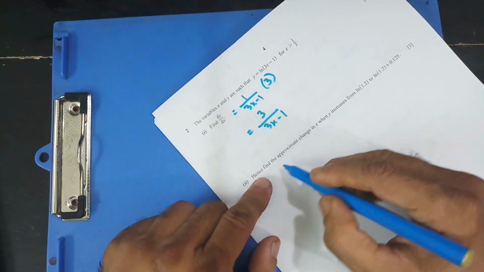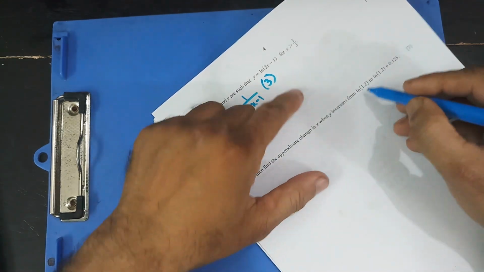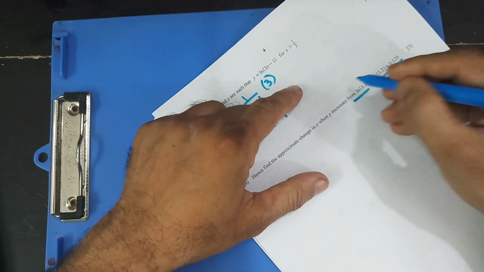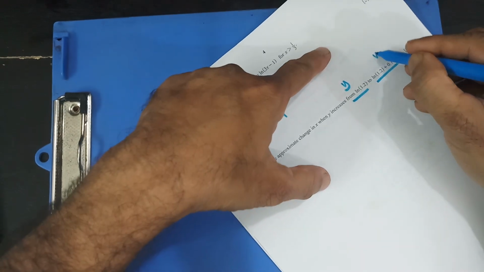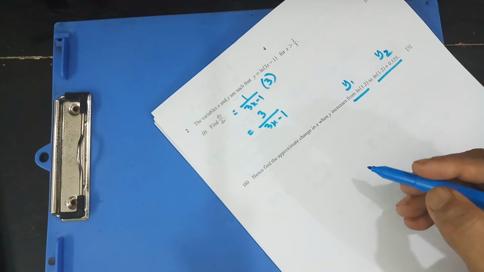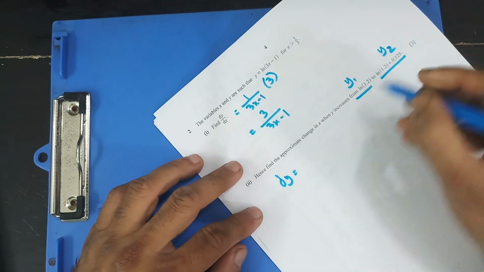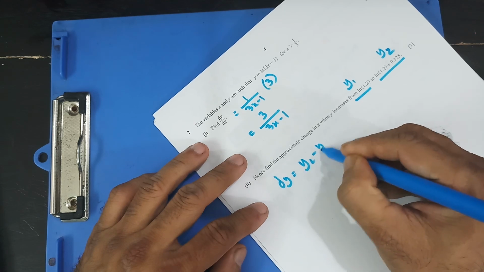Hence, find the approximate change in x when y increases from this to that. Let's say this is y1 and this is y2. It changes from here to there. So what is delta y? Delta y equals y2 minus y1.